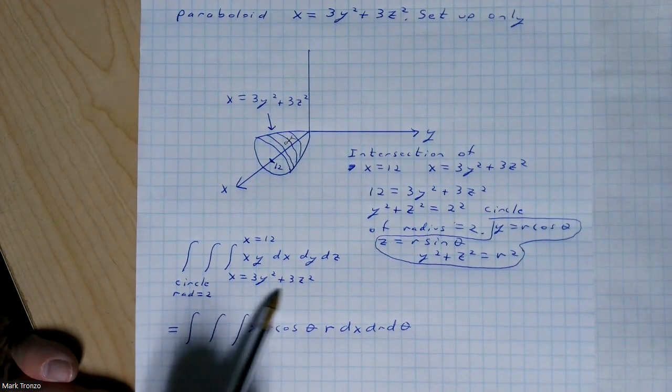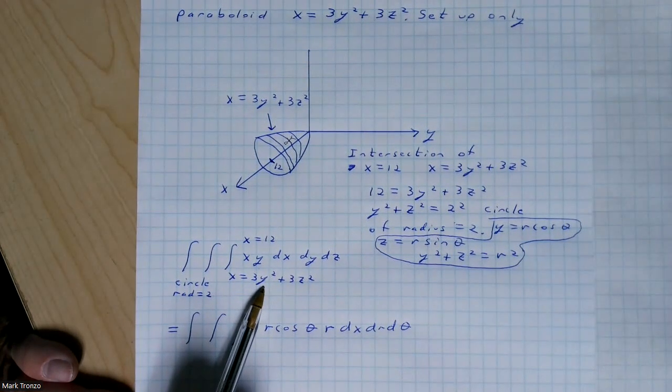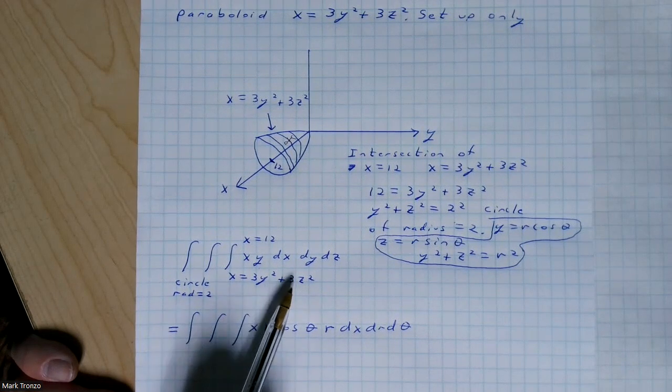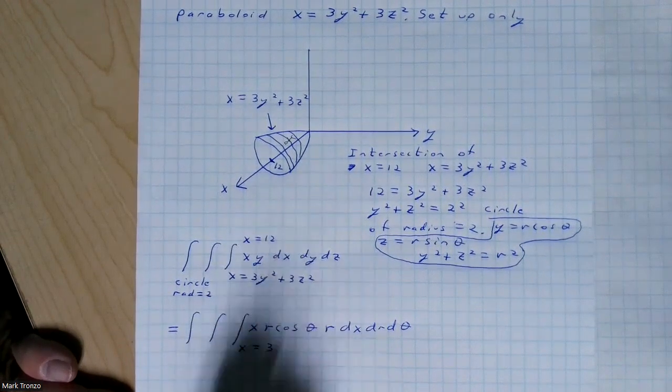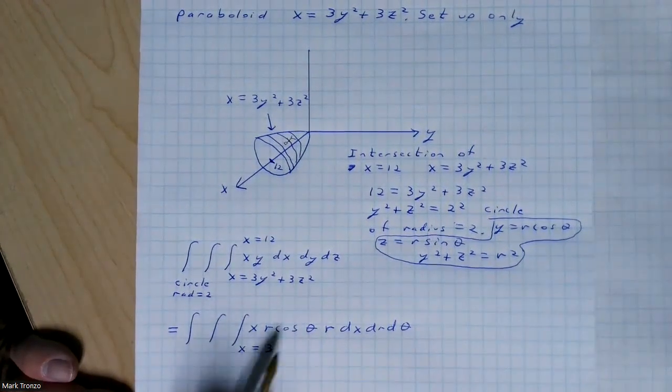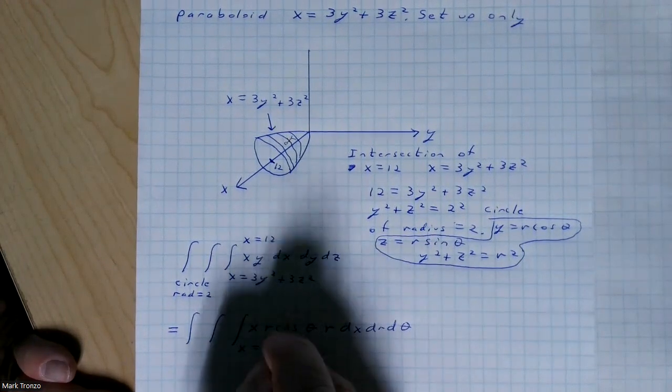And again, notice this lower bound here. We could factor out this 3. So this would be 3 times y squared plus z squared. But remember, that's going to be r squared.